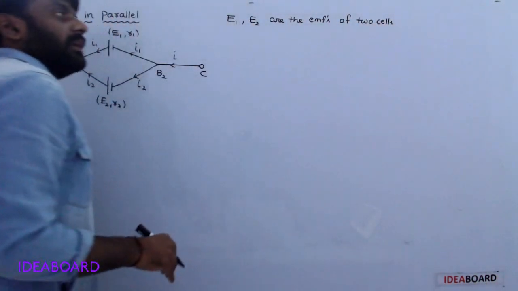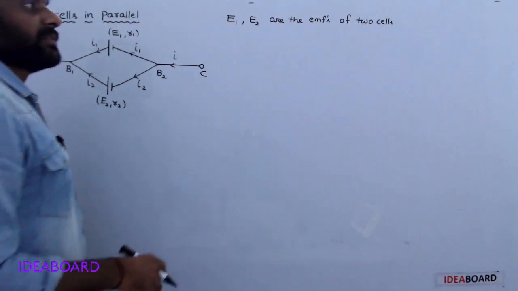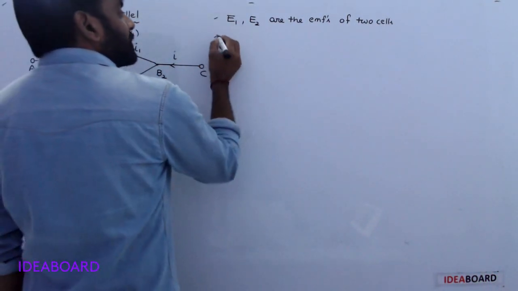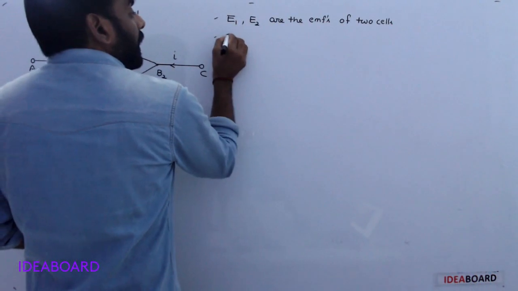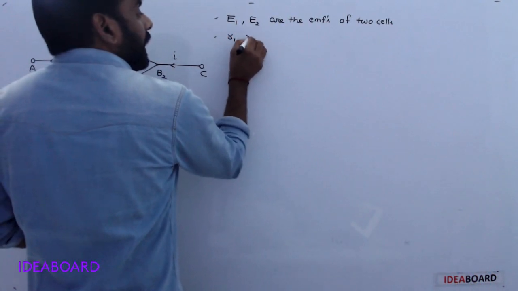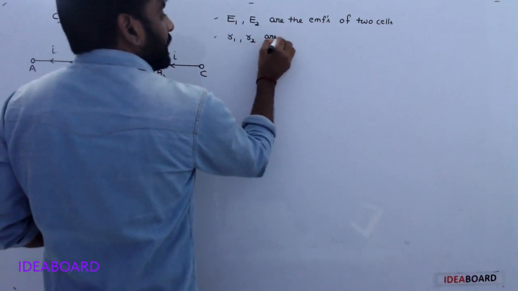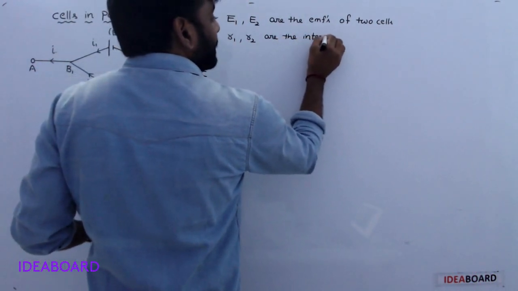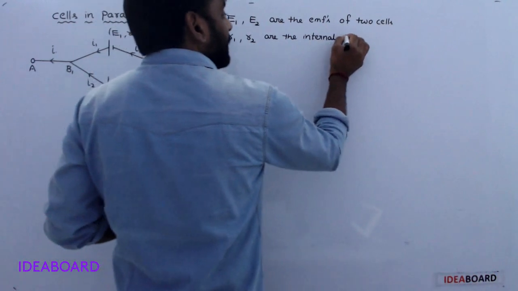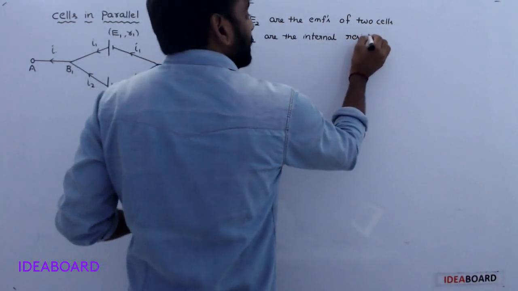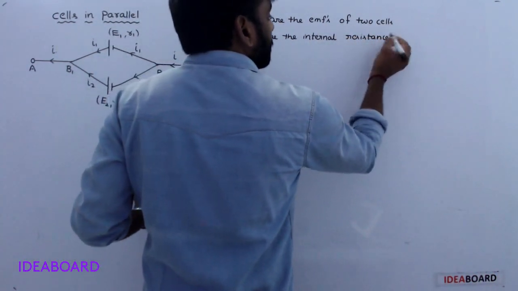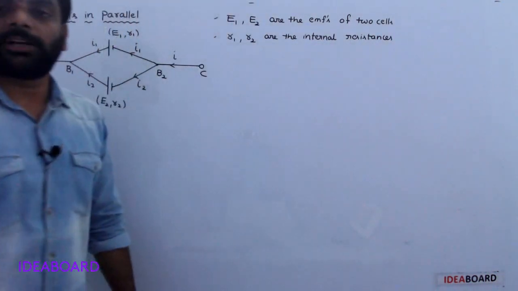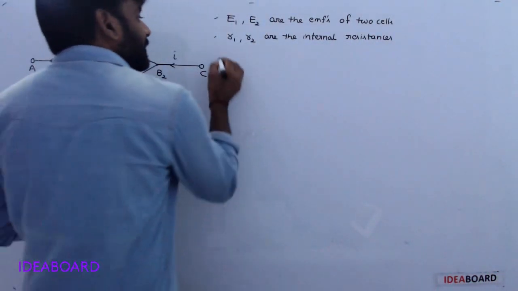Understood? And R1 and R2 are the internal resistances.